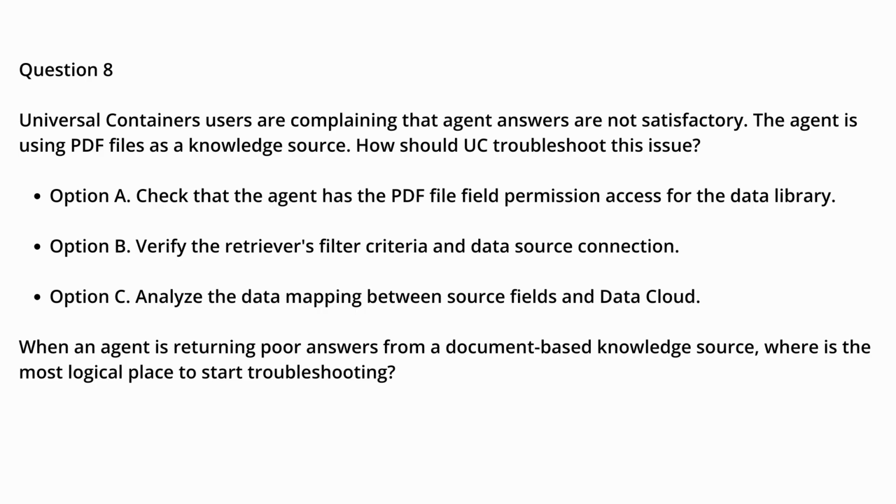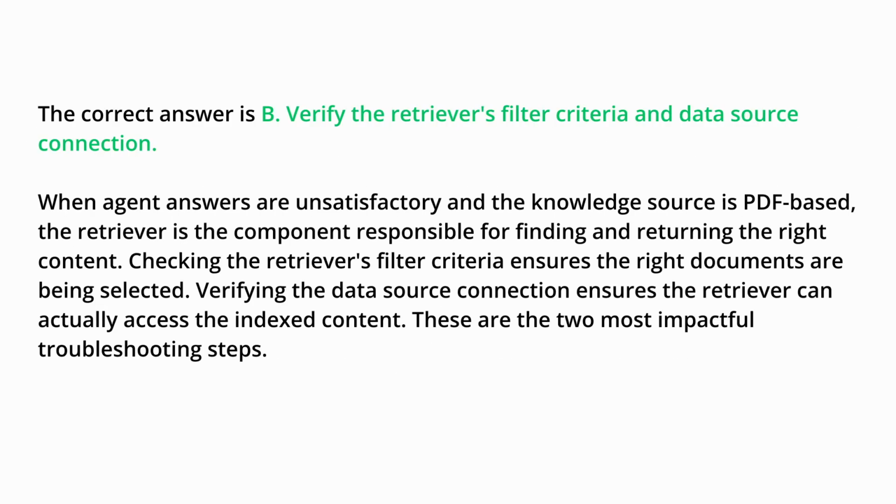Option B. Verify the retriever's filter criteria and data source connection. Option C. Analyze the data mapping between source fields and Data Cloud. When an agent is returning poor answers from a document-based knowledge source, where is the most logical place to start troubleshooting? The correct answer is B.